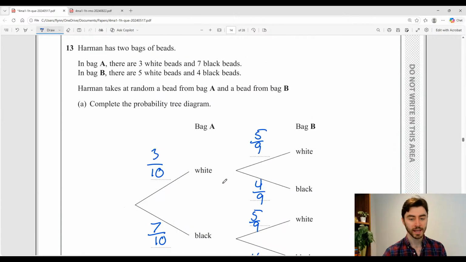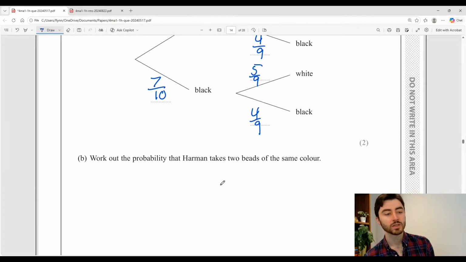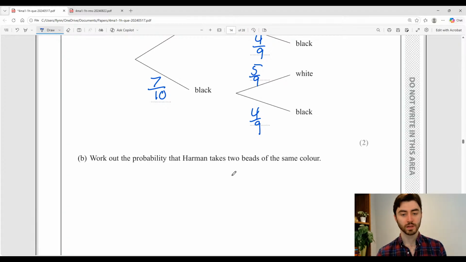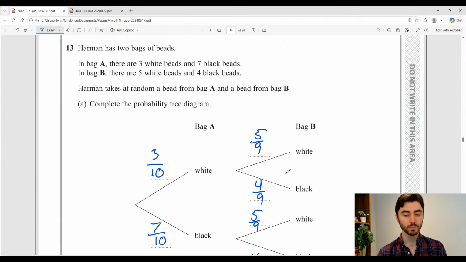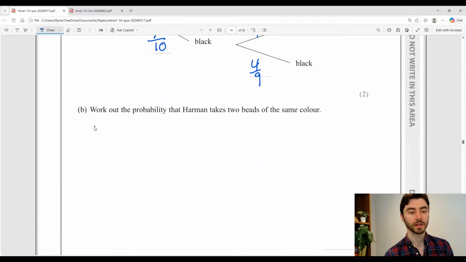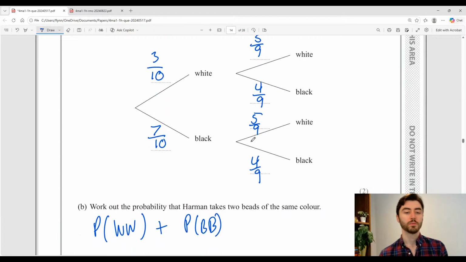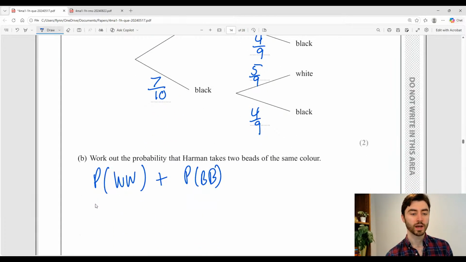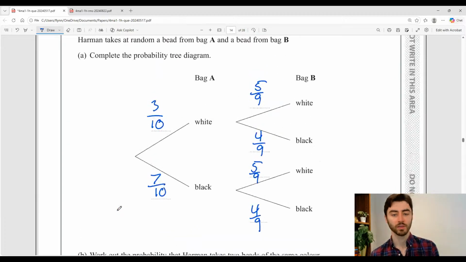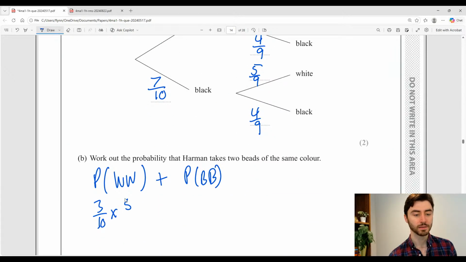And that solves A. B is work out the probability that someone takes 2 beads of the same color. So that is the probability of getting 2 whites or getting 2 blacks. And the or means you add the probabilities together. So the probability of 2 whites is white on the first, which is 3/10, and you get a white on the second, and that and means you multiply.